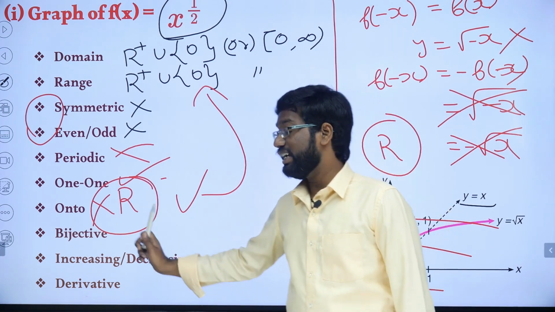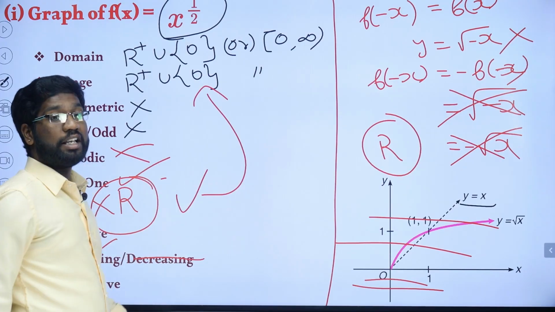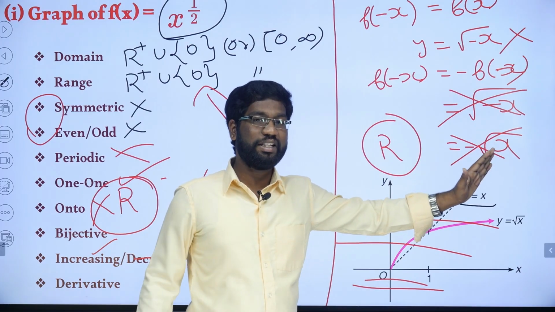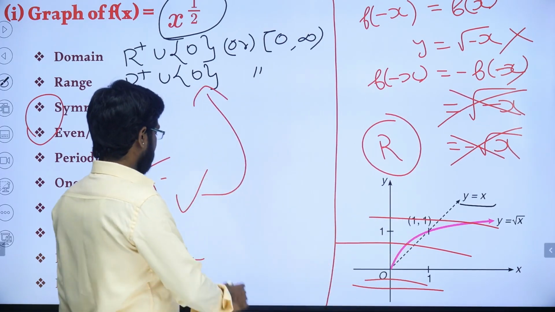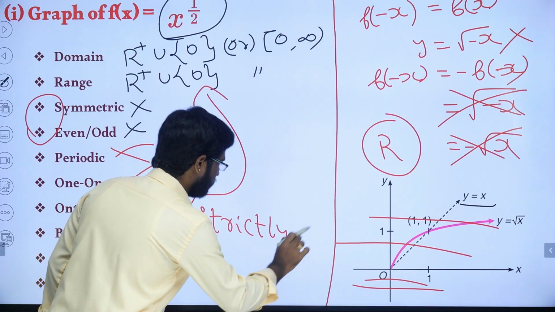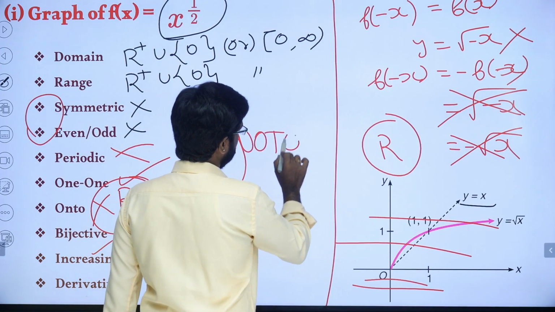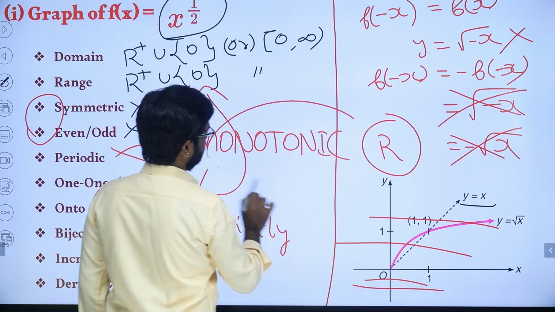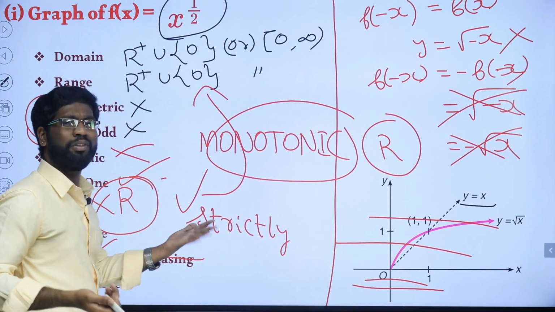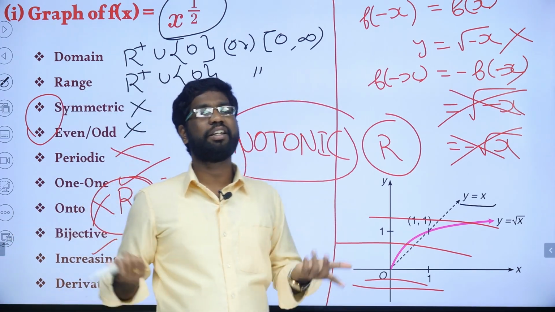Increasing or decreasing functions are very important. It is not simply an increasing function, it is a strictly increasing function, which never comes down. They also call it monotonic. Both terms are used: monotonically increasing function and strictly increasing function.